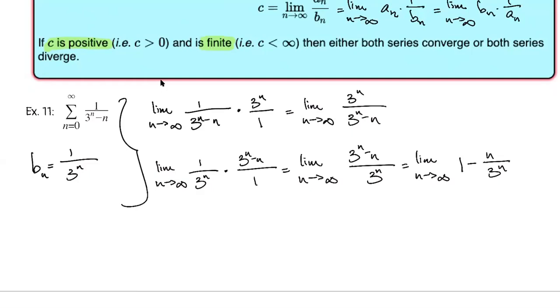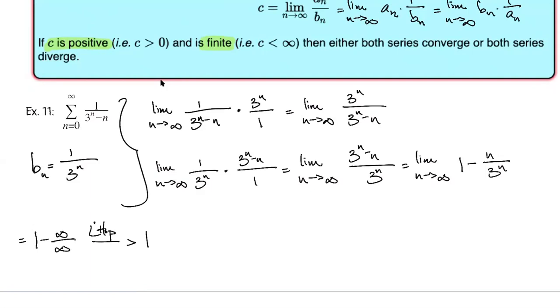If we continue with this particular setup, just for this example, I know that when I plug in infinity, I'm going to get 1 minus infinity over infinity, which means that I have to use L'Hopital for that second part, that n over 3 to the n.